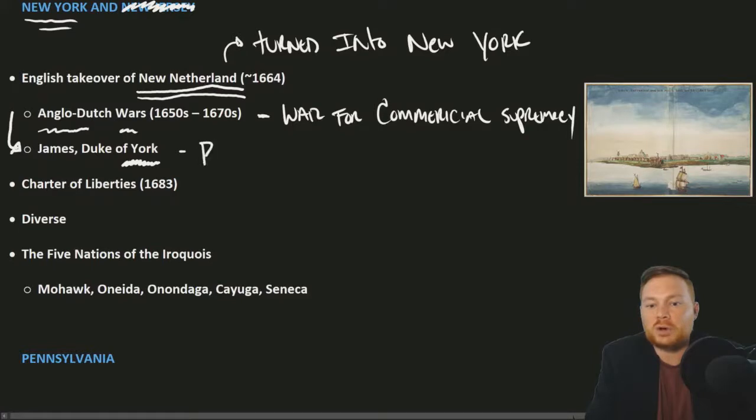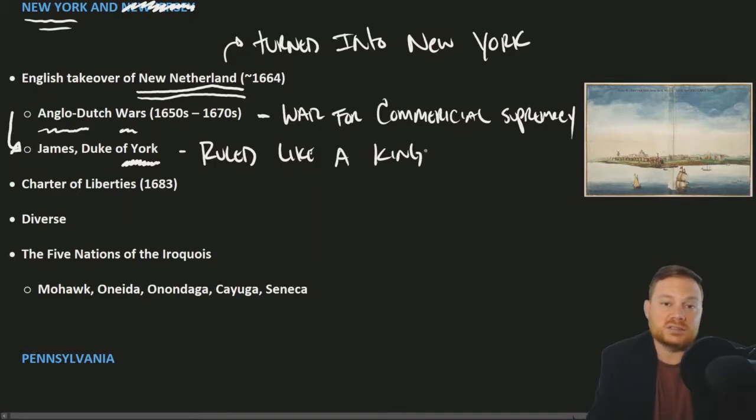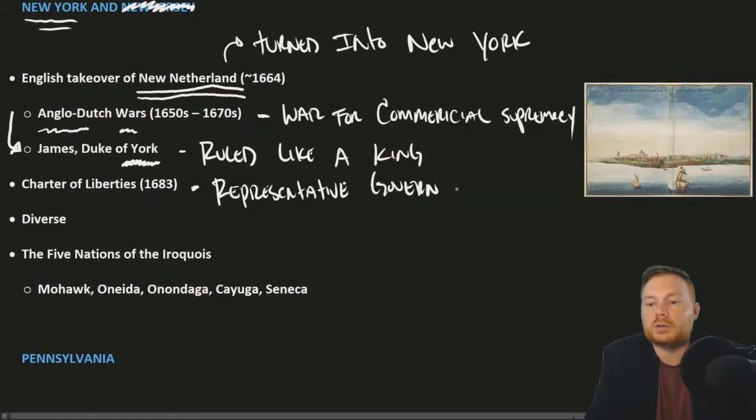James, for the most part, ruled New York like a king. But most of the inhabitants there didn't really appreciate that. They eventually got past the Charter of Liberties, which established a representative government.